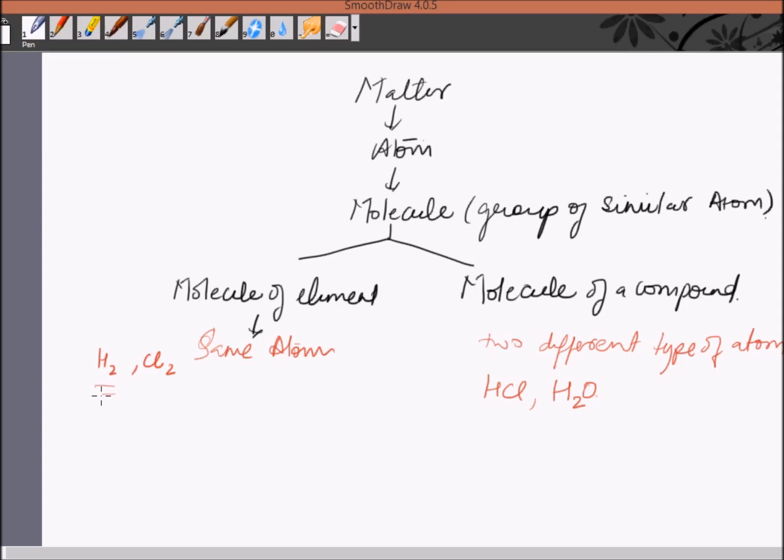So what do we call these molecules? We actually call them chemical formulas. Now what is this?